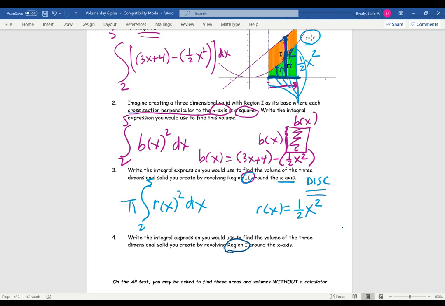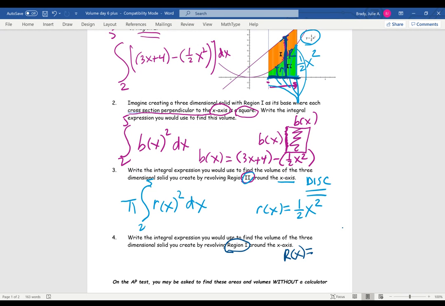And it's just easier, I think, to define them, either if you're going to solve or write the equation or use your calculator. So let's describe big R of x. Okay, so it's a vertical segment. It's the top function minus the bottom function, but the bottom function is just the x-axis, so it's like having y equals 0.